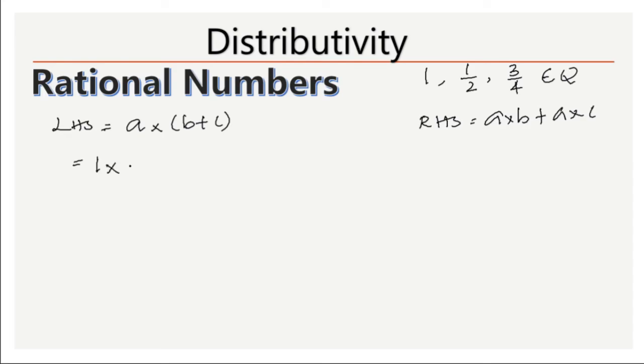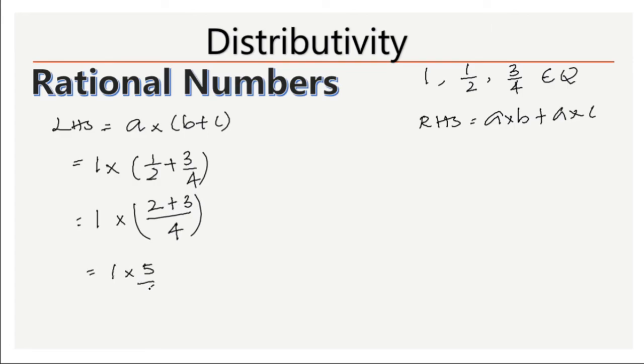So 1 multiplied to the sum 1 by 2 plus 3 by 4. So 1 into the LCM is 4, hence the numerator becomes 2 plus 3, which is 5. So 1 into 5 by 4, it is 5 by 4.